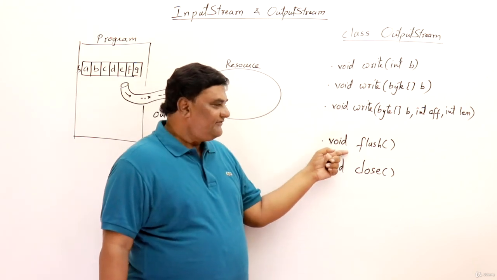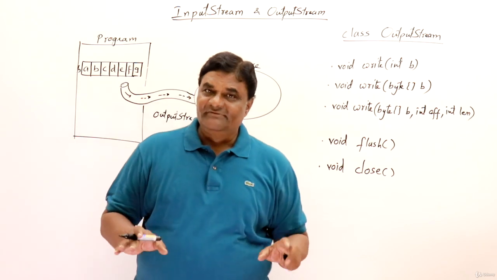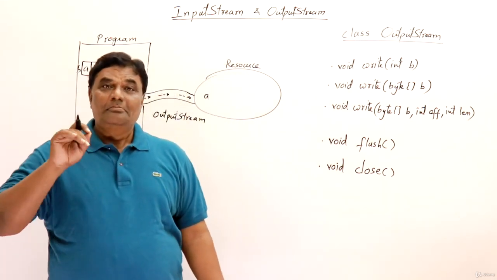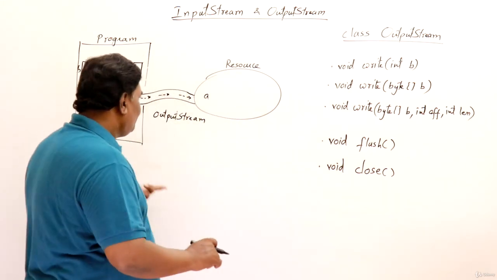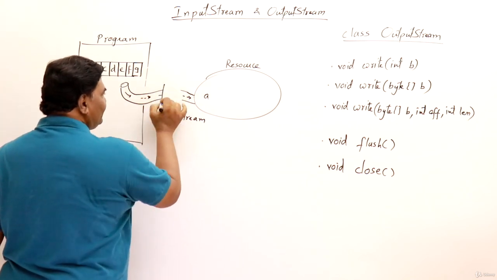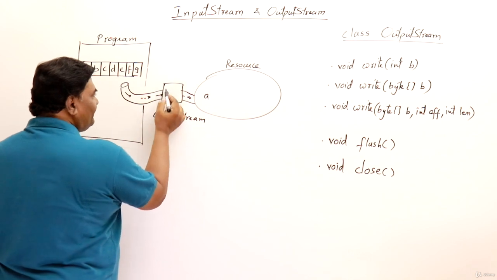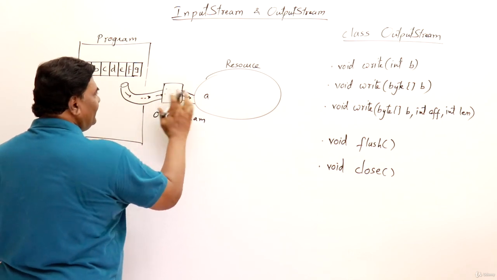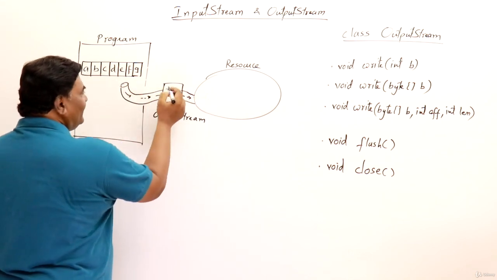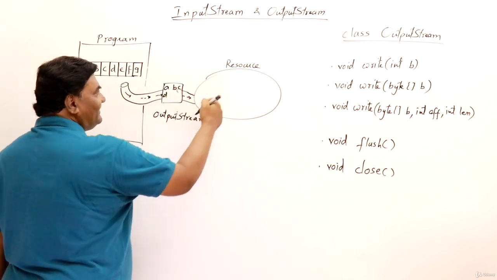Now the next is flush. This will not work on all output streams. This will work on a buffered output stream. Suppose there is a buffer. A buffer is a temporary memory object, right? Suppose you are writing in the buffer, so this buffer may get filled. If you are writing A, so A is here, then B, then C, then D. It's not yet sent out.